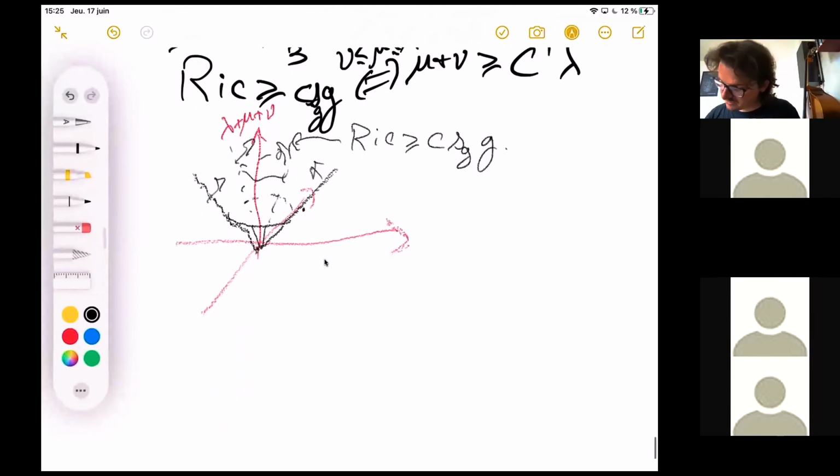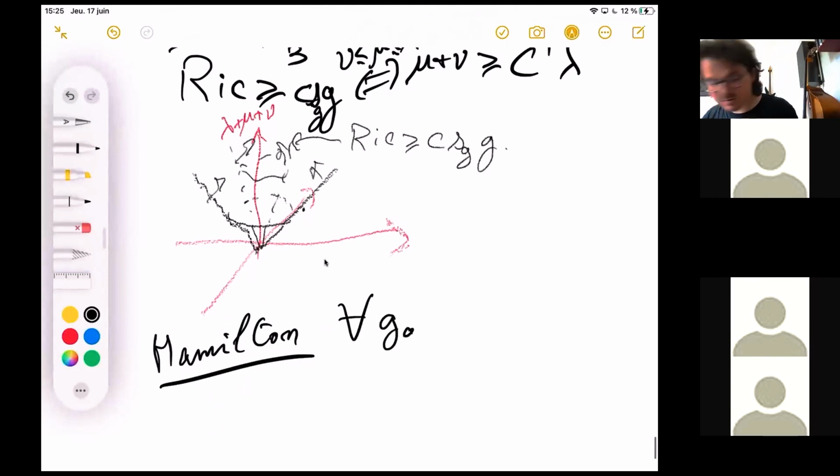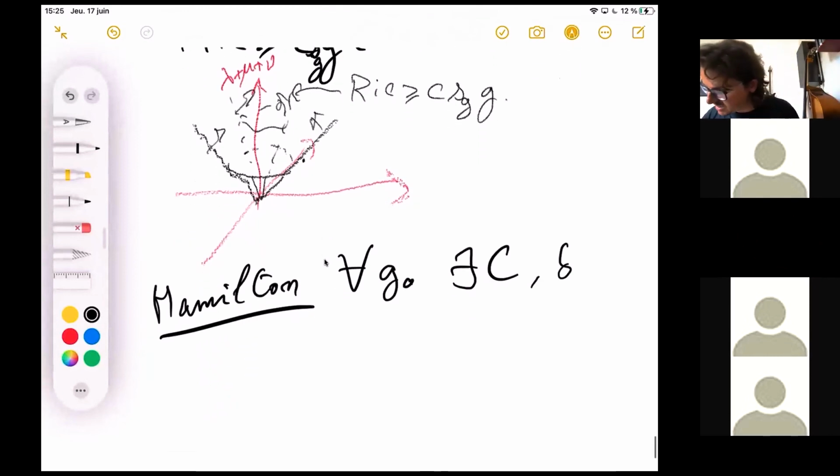But what can be shown, it's again due to Hamilton, is that for any g naught which satisfies the hypothesis of the theorem, there exists a constant C and some delta, such that, so I will write something here which is a scale invariant measure of how pinched is the Ricci curvature.